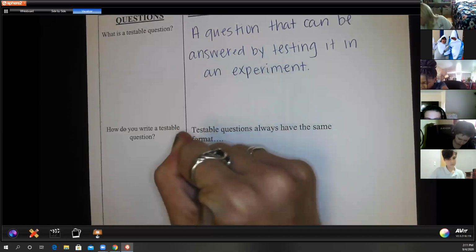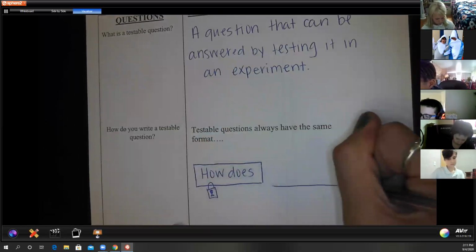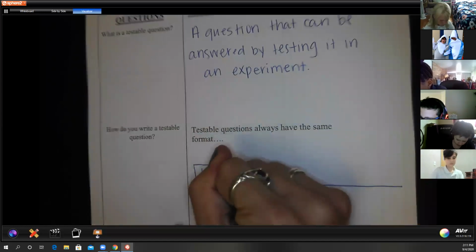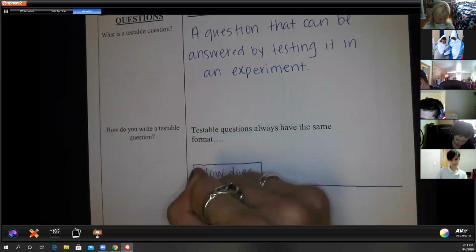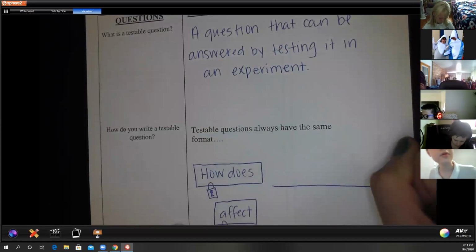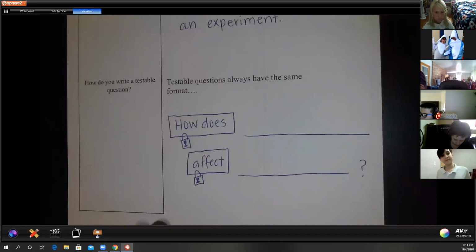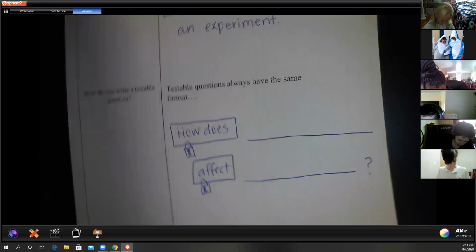They're always going to stay there. And effect is going to be locked up in a box too. So how does blank affect blank? Don't worry, I'm going to show you exactly what goes in the blanks. But the reason I have them in boxes and with locks on them is because they're always going to be there.